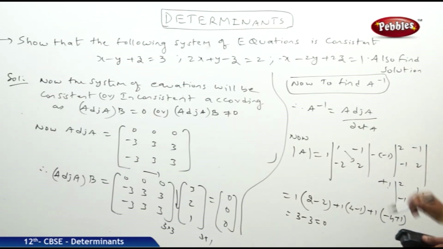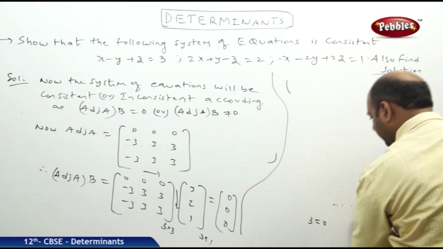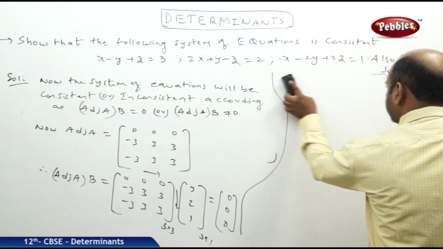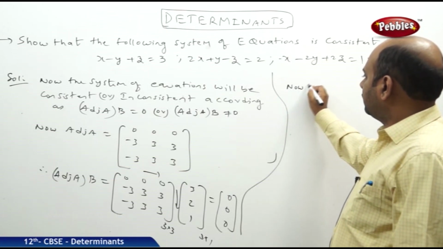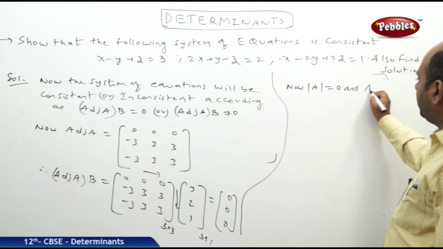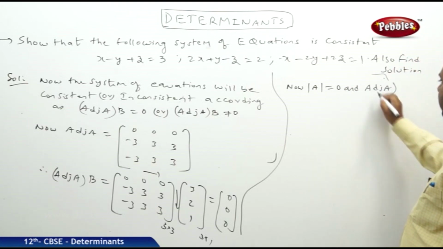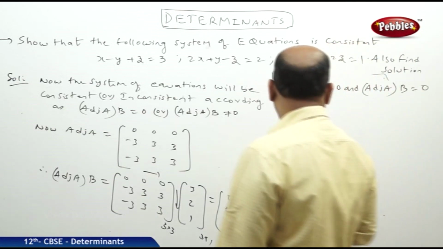So therefore what can I tell? Finally we can conclude like this. Now, the determinant of A we obtained as 0 and adjoint of A into B also we obtained as 0.